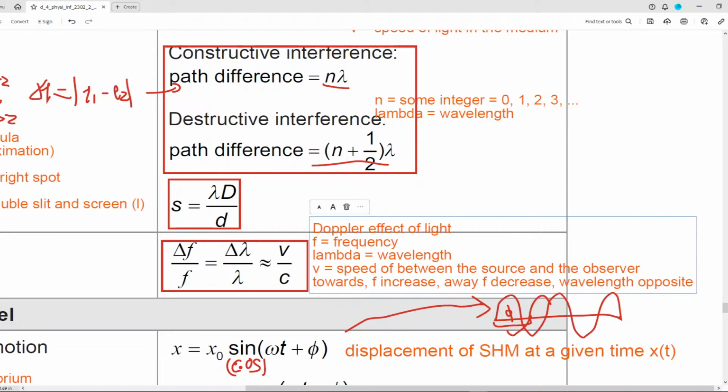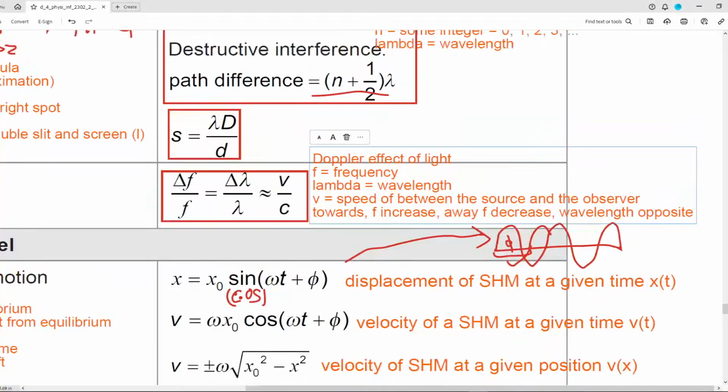Once again, they will change by the same ratio, but in opposite direction because speed of light is constant. Frequency goes up, wavelength goes down. All right. So that's the IB wave Doppler effect.